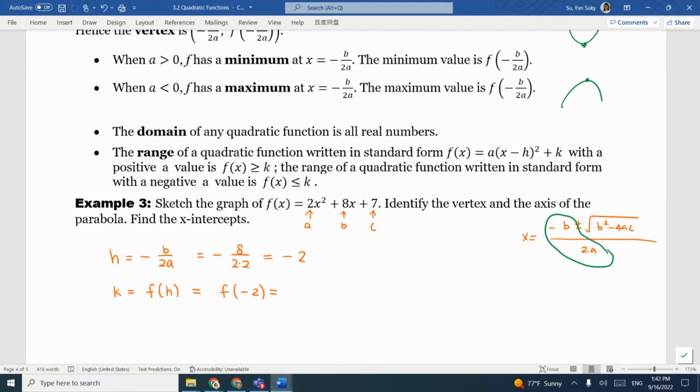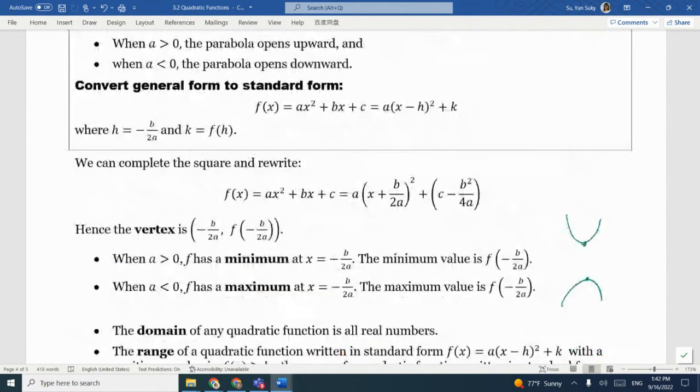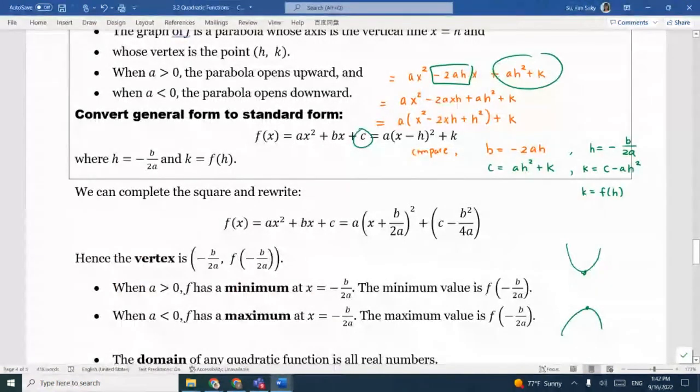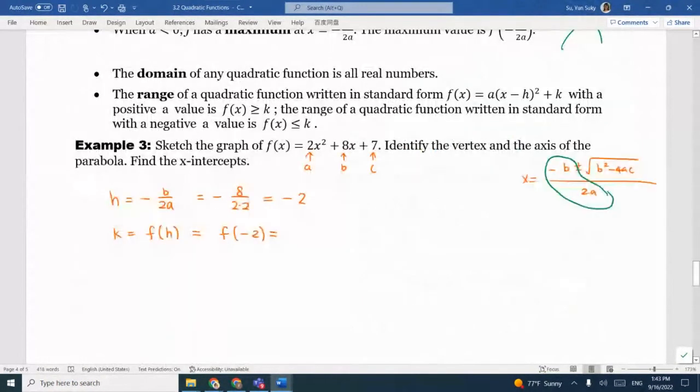That means you plug into the function, replace x by negative 4. So you don't need to remember this crazy formula. You just remember f of h. This is easier to remember. So whenever we see x, we replace x by negative 4.